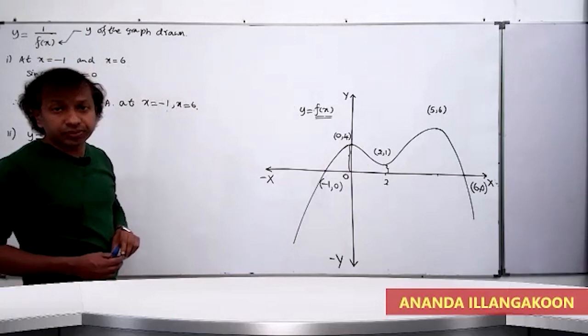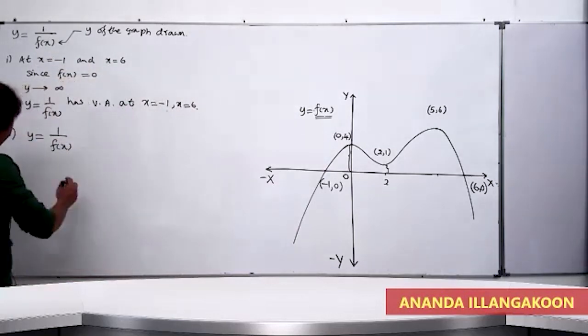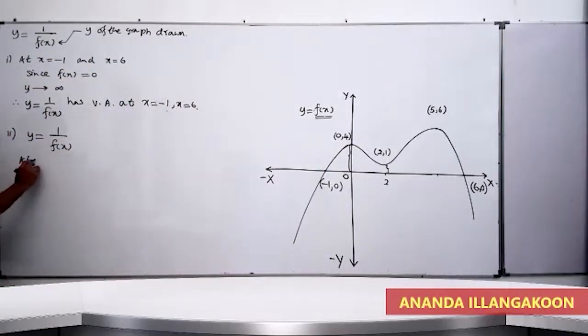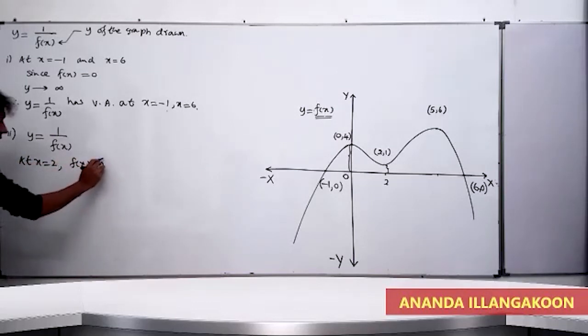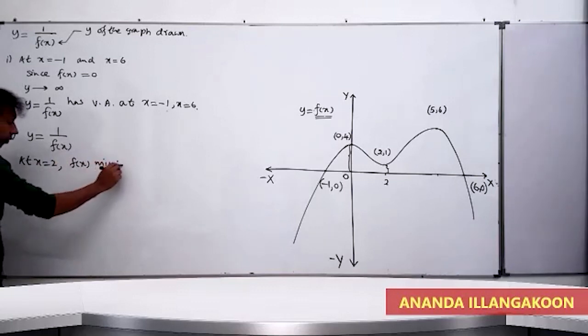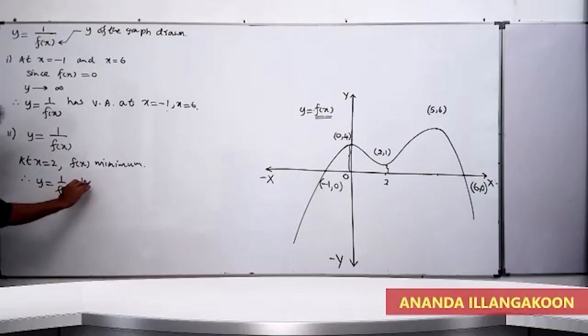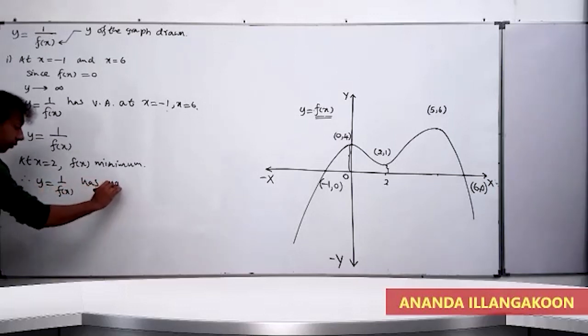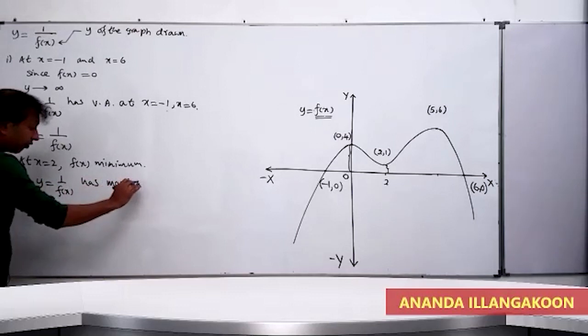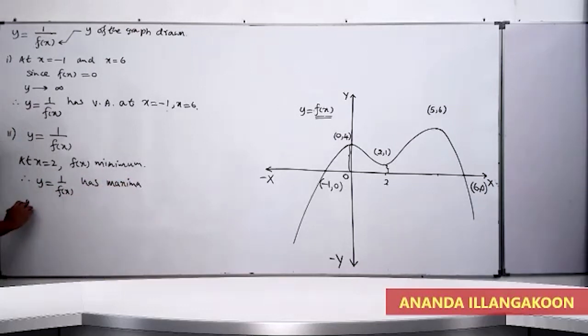Understand? So therefore, at x equals 2, this graph has what? Maximum. Right? At x equals 2, f(x) is minimum. Therefore, y equals 1 upon f(x) has what, people? Maximum. Maxima, where? At x equals 2.